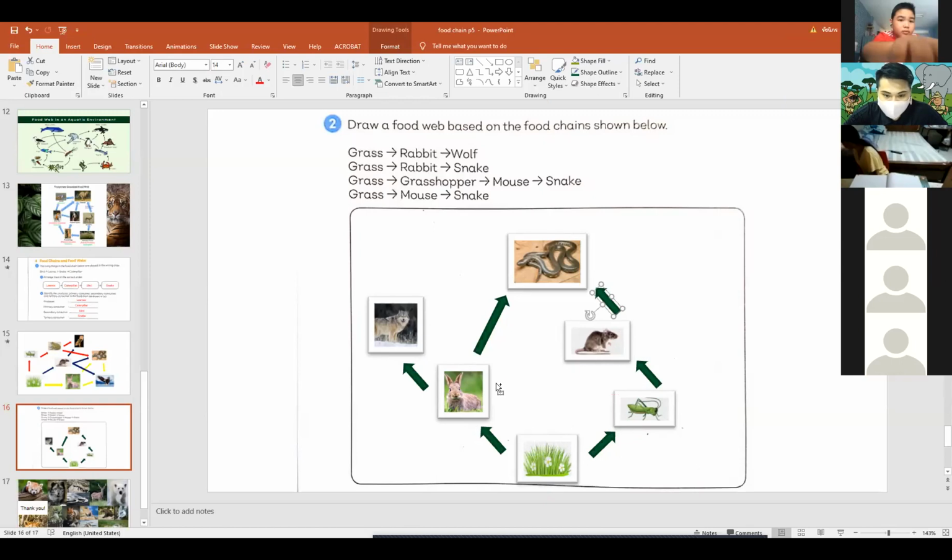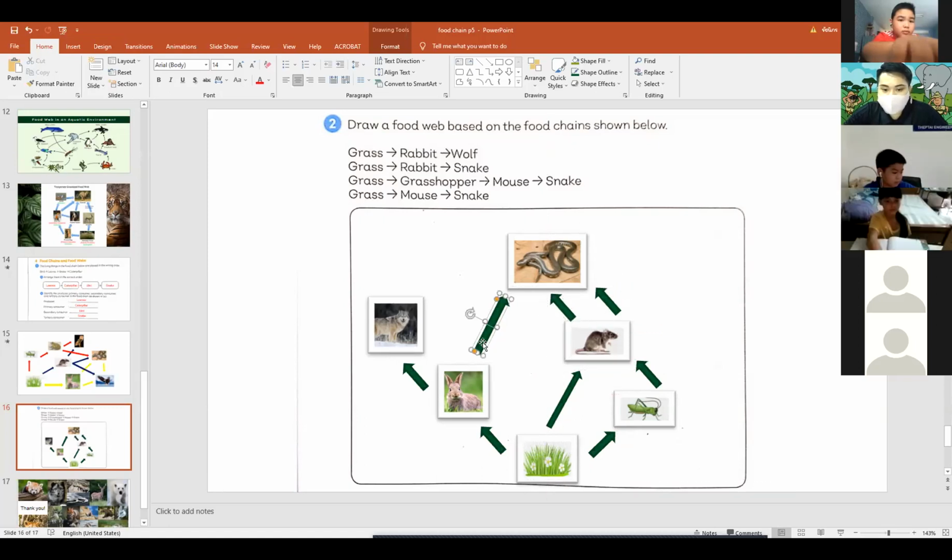Next is grass, mouse, grasshopper, snake. So I will change the color of this.